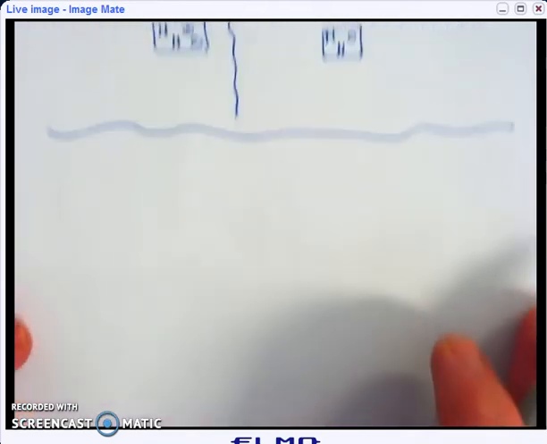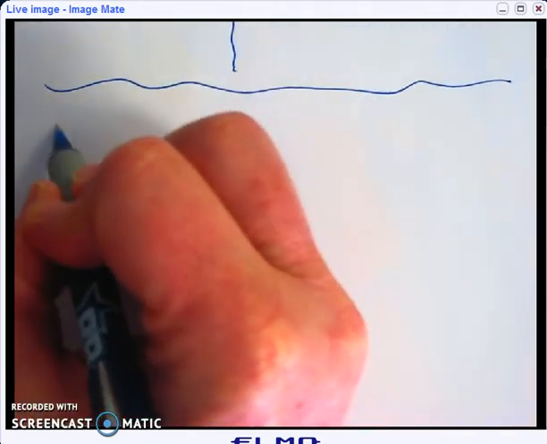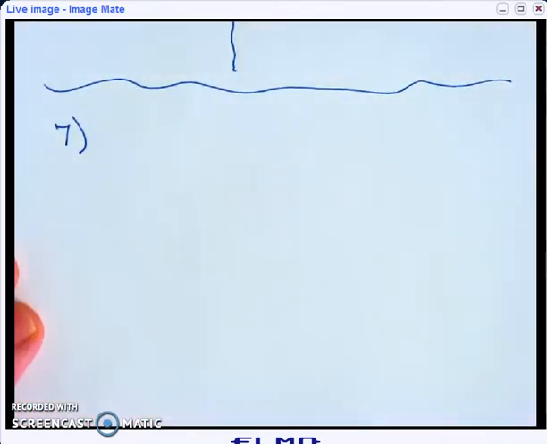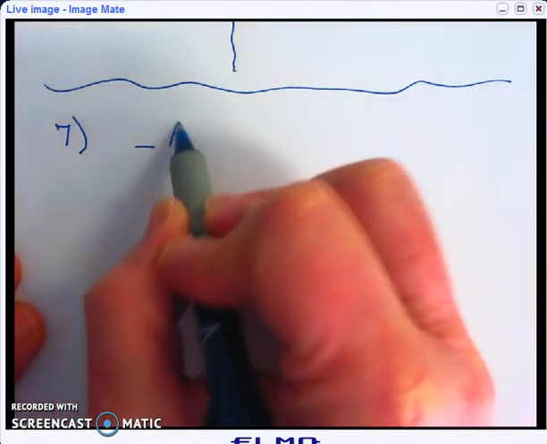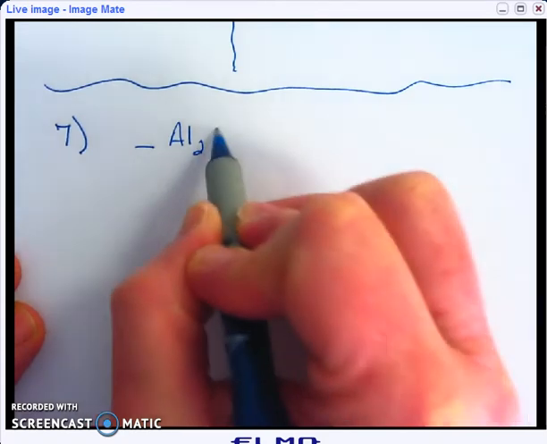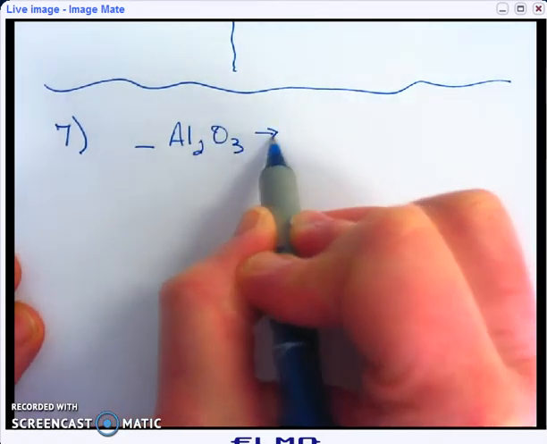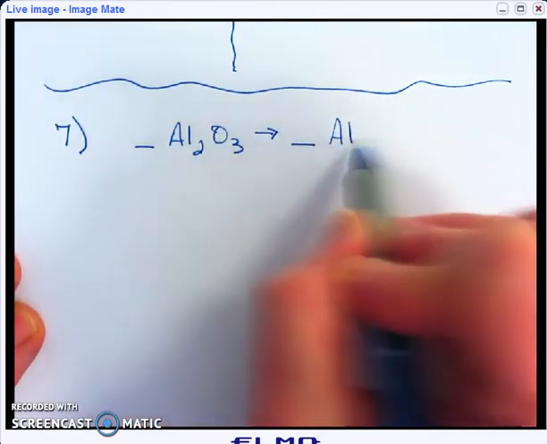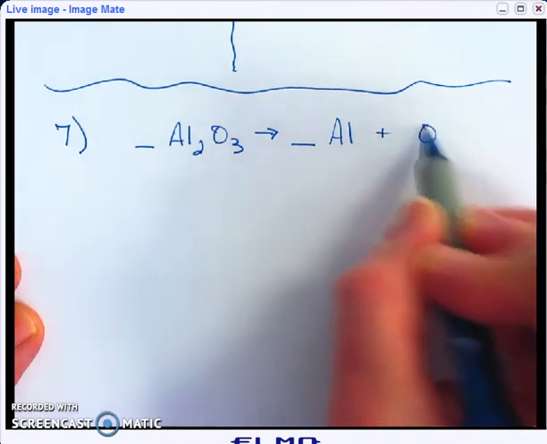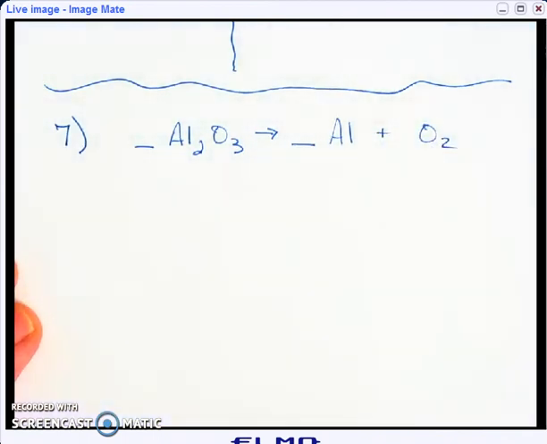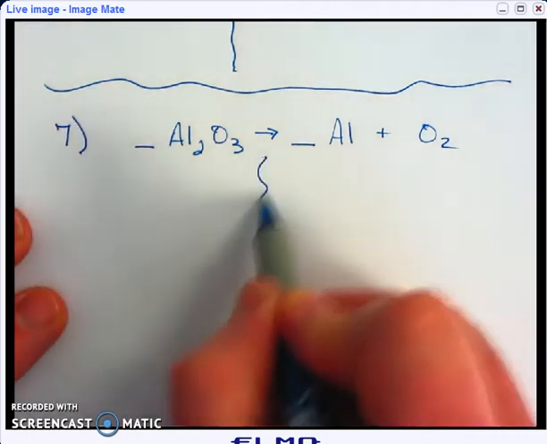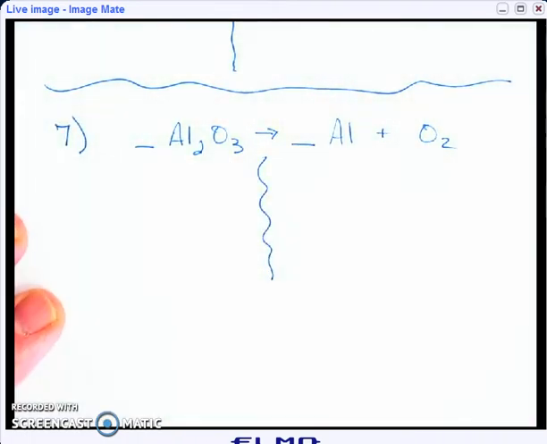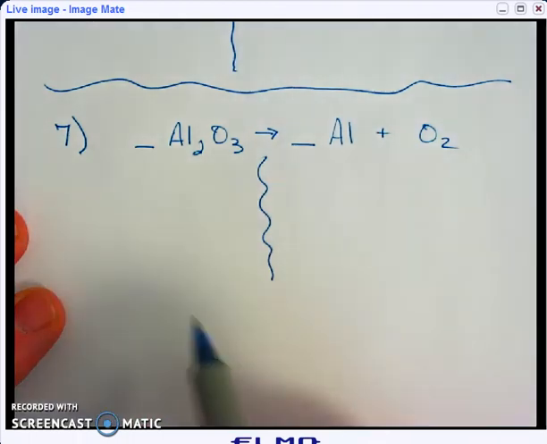Okay, let's look at number 7. On number 7, we're decomposing aluminum oxide into its elements. So once again, to get started, I have a dividing line so I know what's equal on both sides.